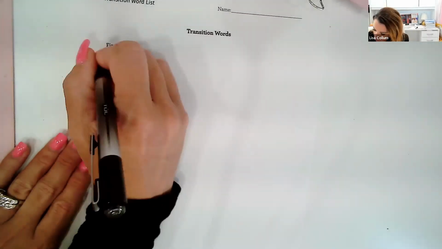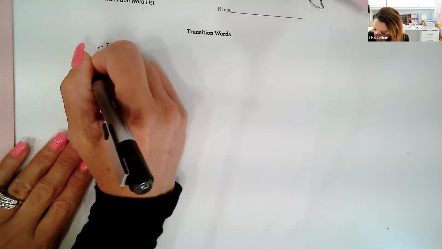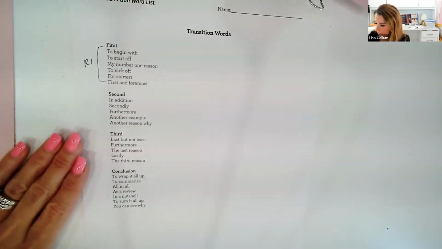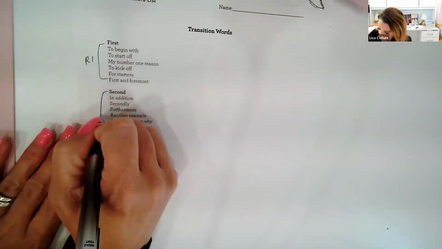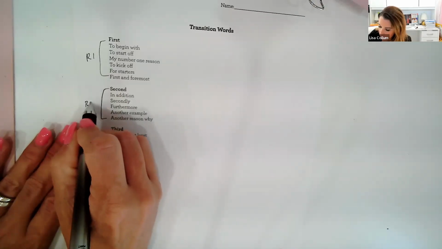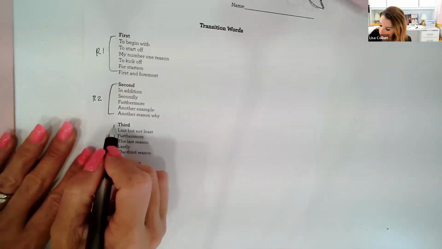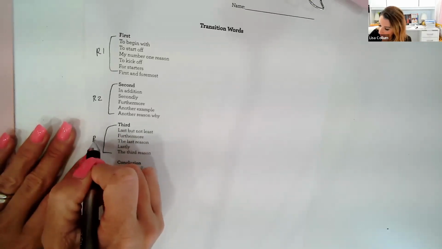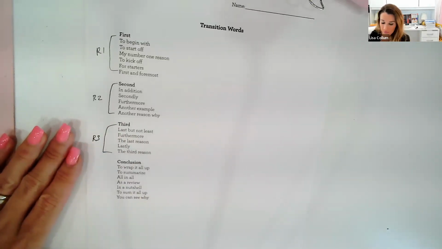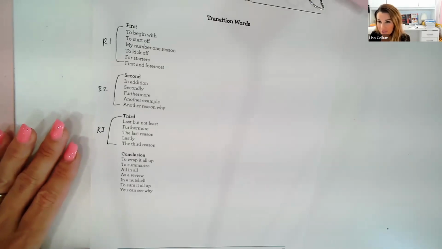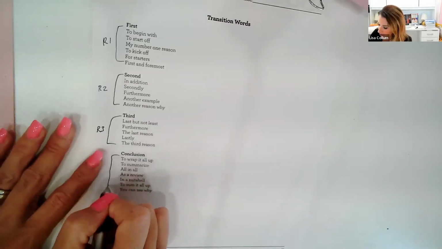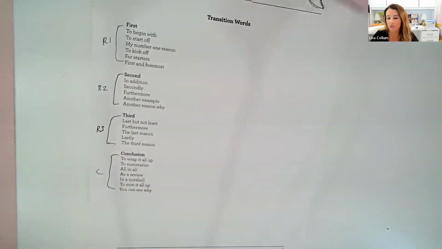So these would be our R1 words. These are words that you can say instead of second. These would be our R2 words. These are words you can say instead of third. These are our R3 words. And then here are some transition words you can start for your conclusion paragraph.